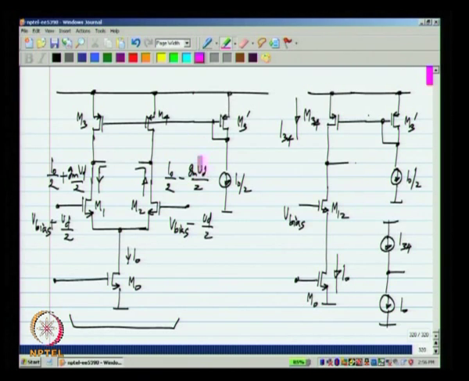So, like I said, what happens is, if the total current in M3 and M4 is larger than the current from M0, these voltages will keep on rising. Okay. Now, if the total current is smaller, these voltages will keep on falling. What I want is for the sum of these two voltages to be some constant, okay, such that all the transistors M1, M2, M3, M4 are in saturation region.